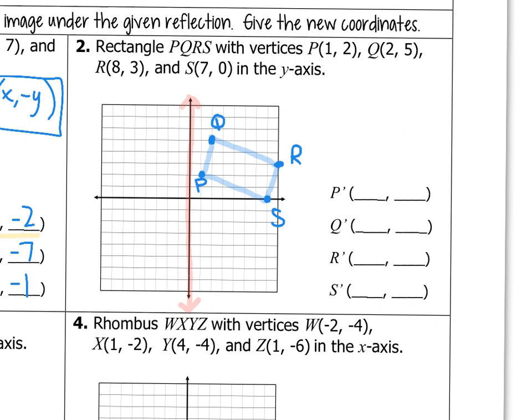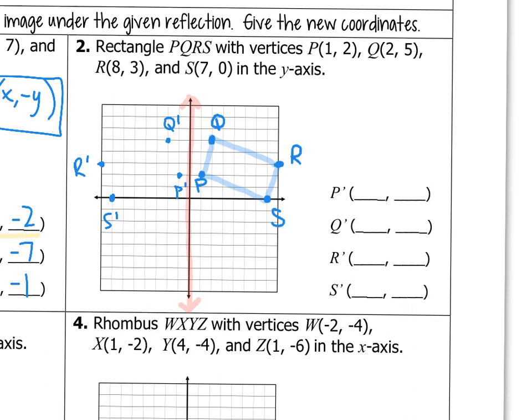We're going to call that P prime. Q looks like it's 2 units away, so I write Q prime here. S looks like it's 7 units away, so I'm going to go 7 units away here. And then R is the whole thing across 8 units away, so I'm going to go 8 units away here.